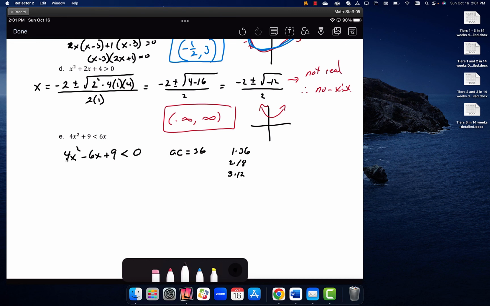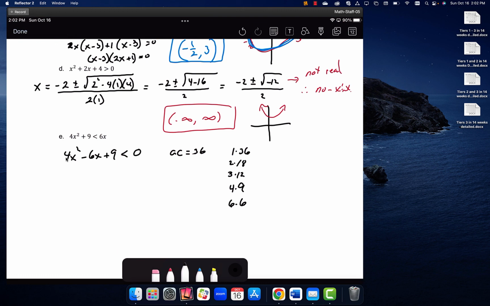They, again, multiply to 36, but they don't add to negative 6. 4 and 9, they multiply to 36, but they do not add to negative 6. So then we have 6 and 6. 6 and 6 multiply to 36, but they don't add to negative 6. So it looks like the AC method is not going to work here.